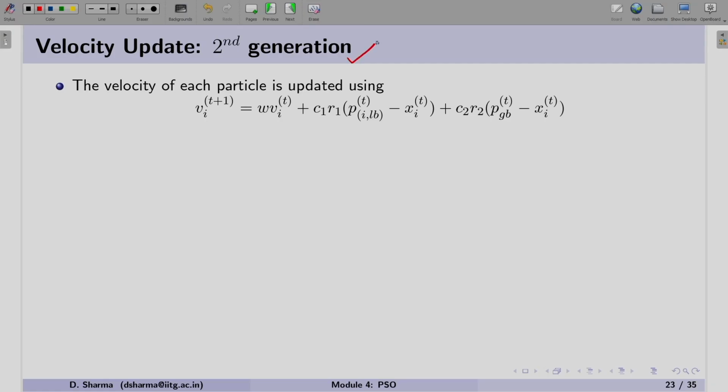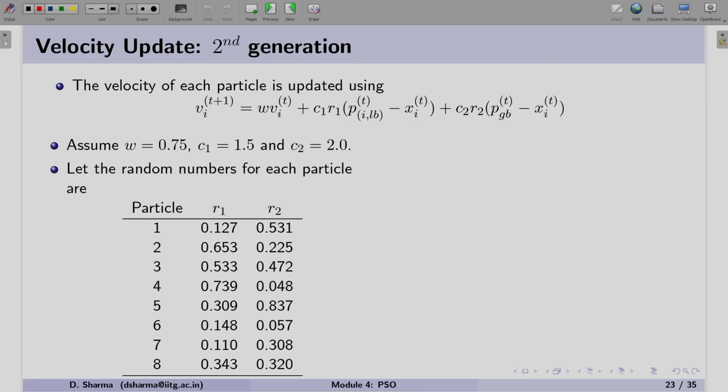First, we have to update the velocity. According to the given formula, we are using the same concept. We are keeping the same values of omega, C1 and C2.